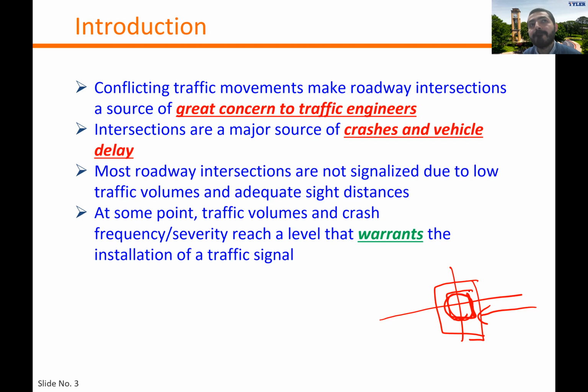Although this is the major concern, most roadway intersections are not signalized, due to the low traffic volume and the adequate sight distance that we have at most of the small neighborhood intersections.